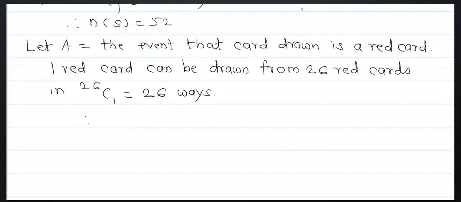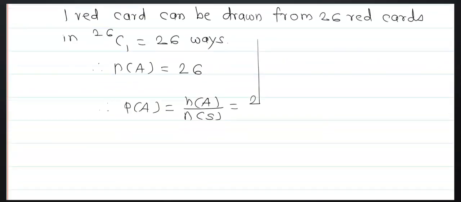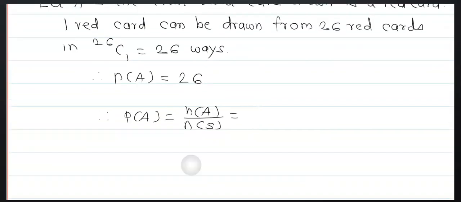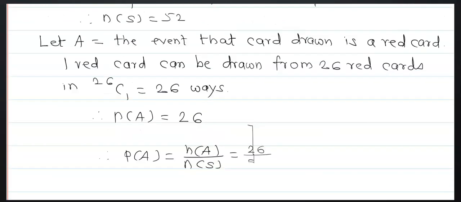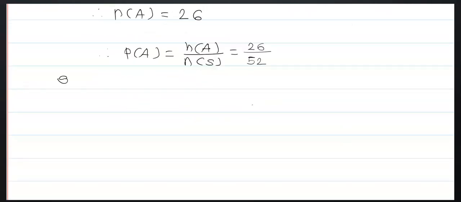That is equal to 26 ways. Therefore, P of A is equal to n of A upon n of S, that is equal to 26 upon 52.